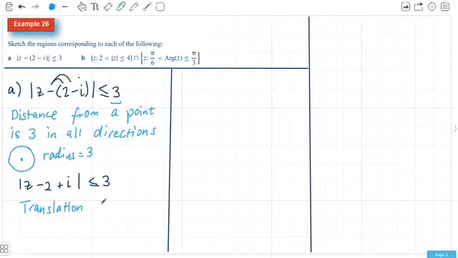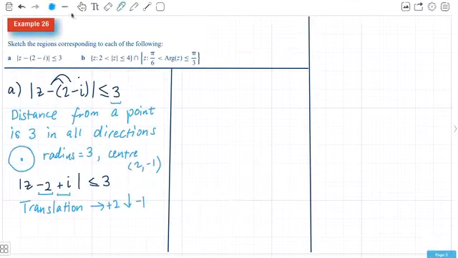The translation, remember this is the real part, so this will be left or right, so it's actually plus 2 that way, the opposite sign. And here, because this is a plus i, we must be translating down 1. So it's going to be a circle with a radius of 3 and a center at (2, -1). That tells us what our graph will actually look like. So we know all the information that we need now to graph.